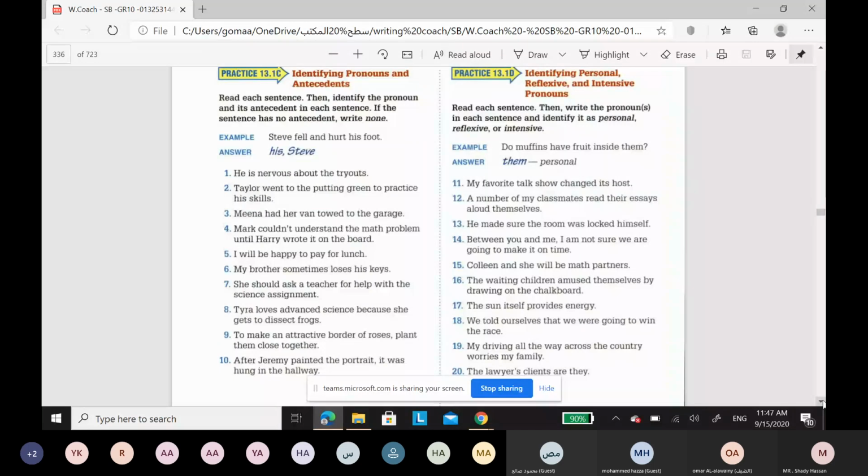If the sentence has no antecedent, write none. All we have to do is say that the pronoun is blah blah, and the antecedent, the noun the pronoun refers to, is blah blah. For example: Steve fell and hurt his foot. The pronoun is "his," and it refers to Steve. So Steve is the antecedent. That's all.